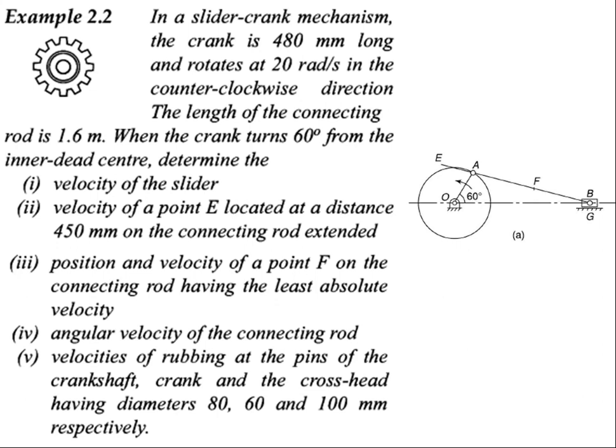Then the rubbing velocities at the pins of the crankshaft, crank and crosshead, having diameters 80, 60 and 100 mm respectively. These things you have to calculate.